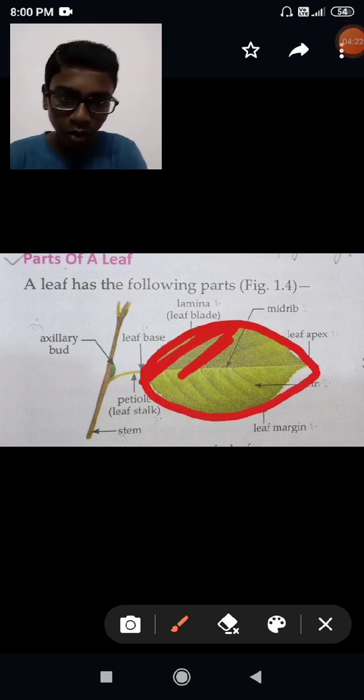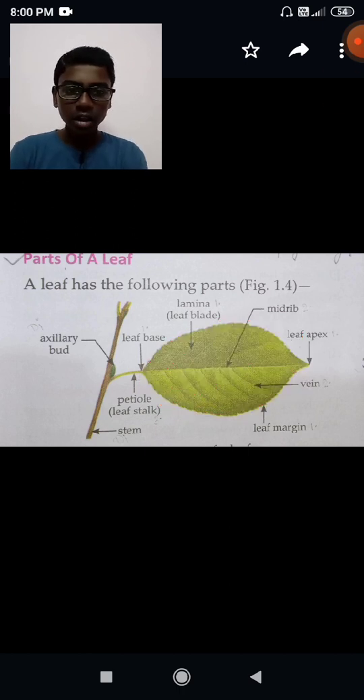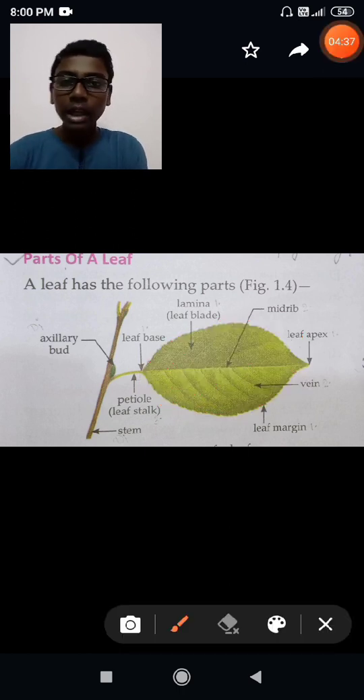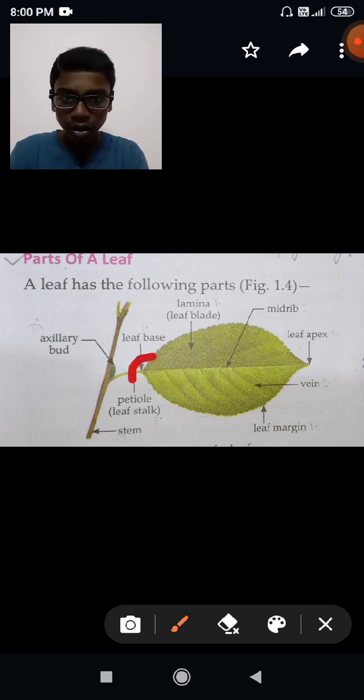This full thing, the red shaded portion, is known as the lamina or the leaf blade. Now the base of the lamina is known as the leaf base, or rather we can say the place where the lamina is attached to the petiole is known as the leaf base, means this portion.